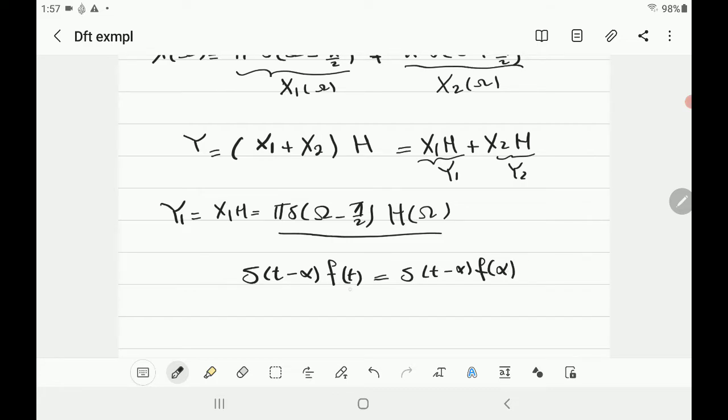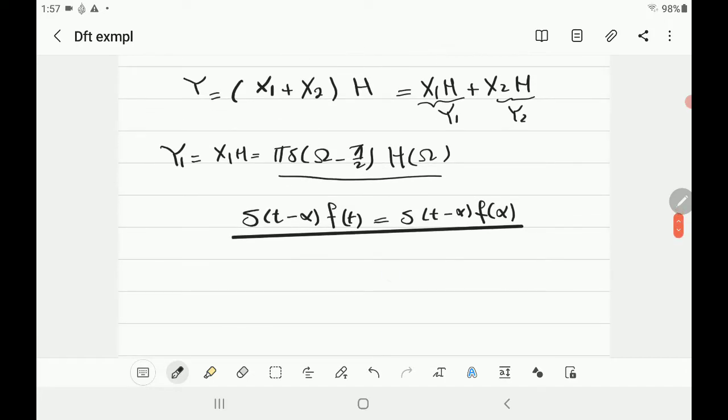That's what we learned very early in the course. Well, I'm going to apply this to Y1 and Y2. So Y1 will be equal to, I will write the same equation, that constant doesn't affect. And then this is the delta function, delta omega minus pi over 2. H now will be H, where I replace omega by pi over 2.